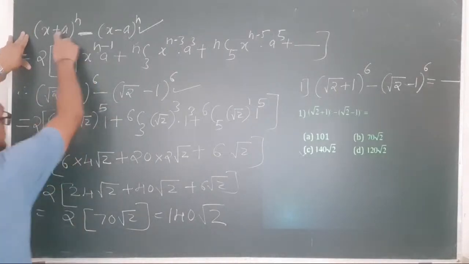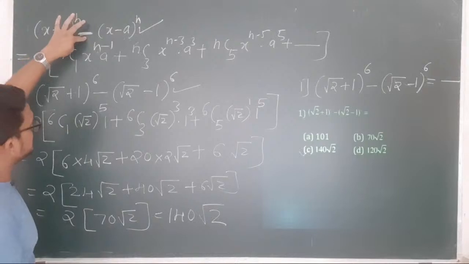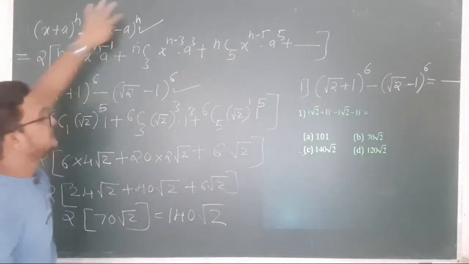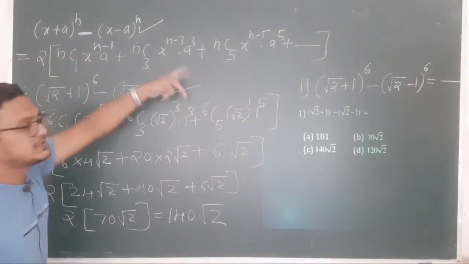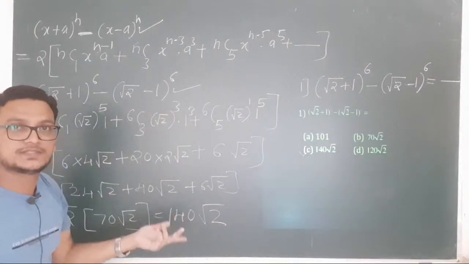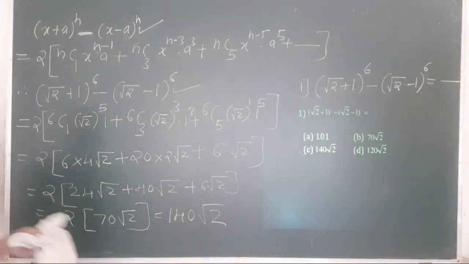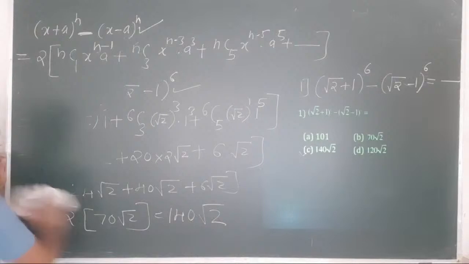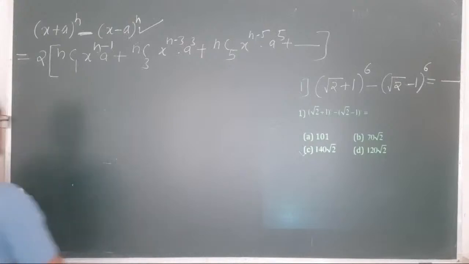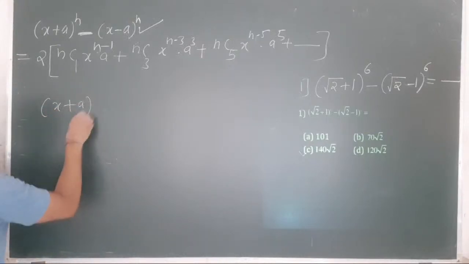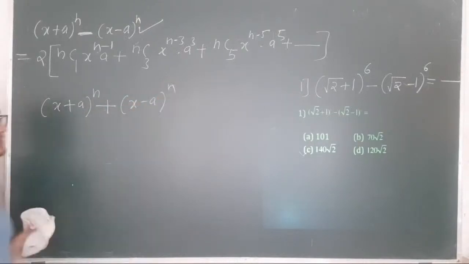So now you have to remember this: when it is (x plus a) to the power n minus (x minus a) to the power n, the result is 2 times nC1, nC3, nC5. Which numbers are you getting? Odd numbers. Now, you all understood this, right? Now see, I will give you one more result. Suppose you have (x plus a) to the power n plus (x minus a) to the power n.